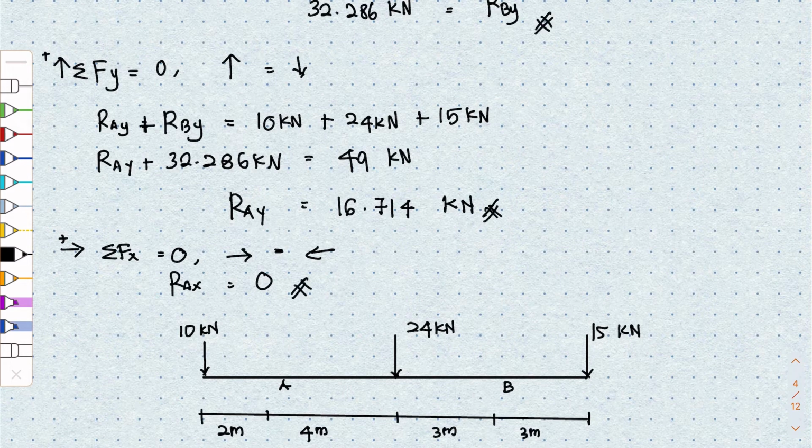But first we need to letakkanlah berapa reaction, okay, at point A and point B. So kita tahu the RAX is 0, you don't need to write it, tak apa, biar je, okay. And RAY is 16.714 while the RBY is 32.286 going up.